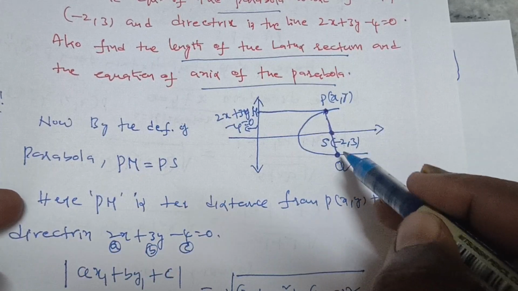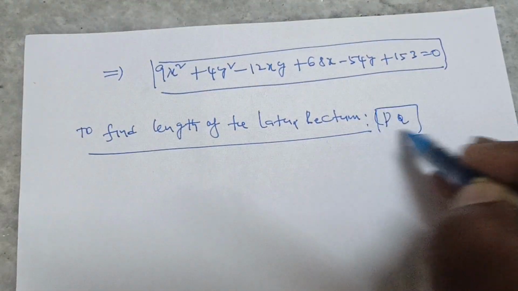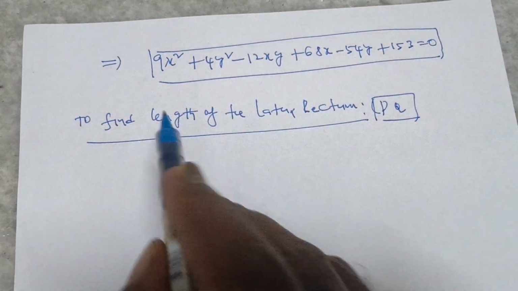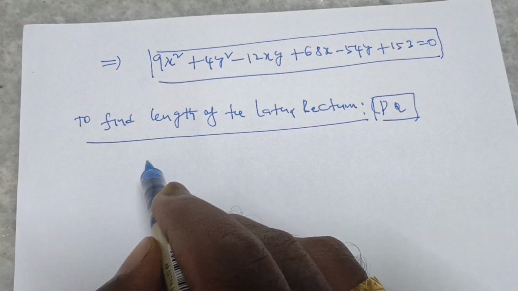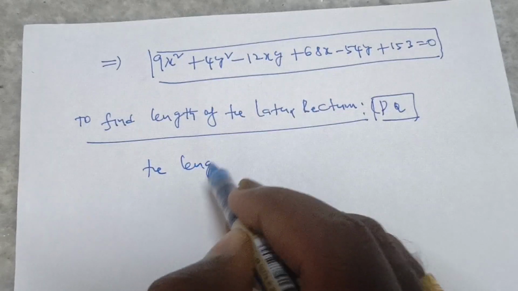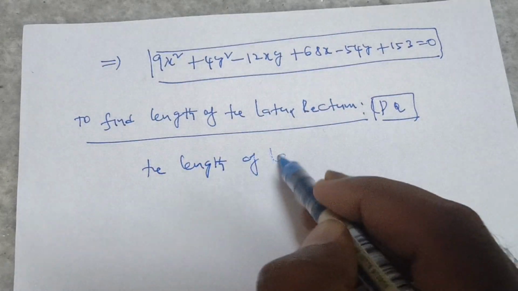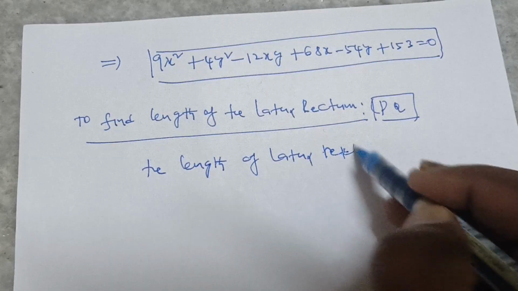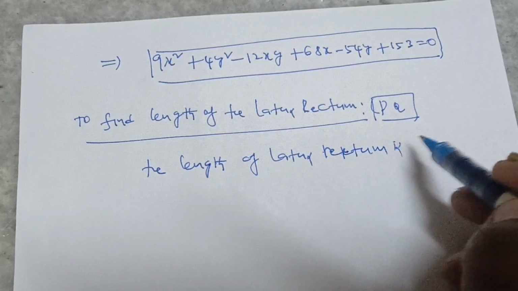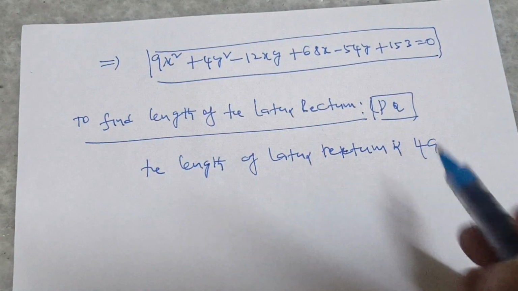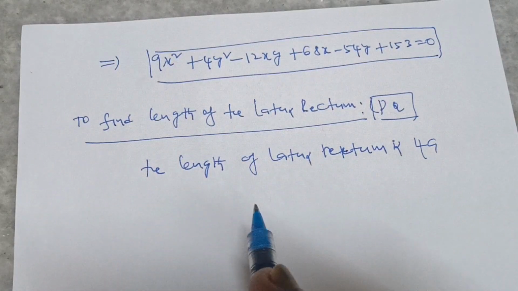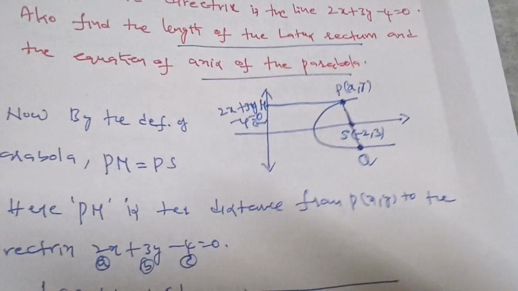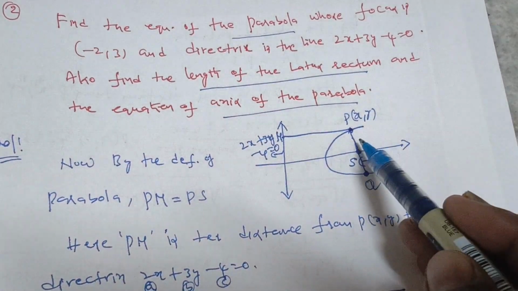To find the latus rectum PQ, we know the formula for the length of the latus rectum is 4a, or we can use another formula to find it by using this diagram.